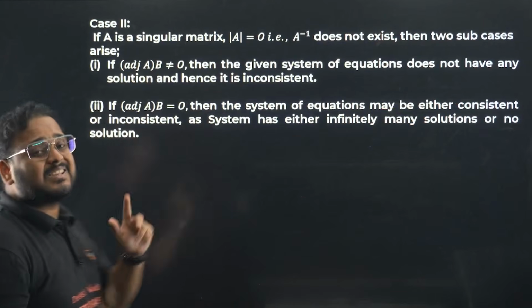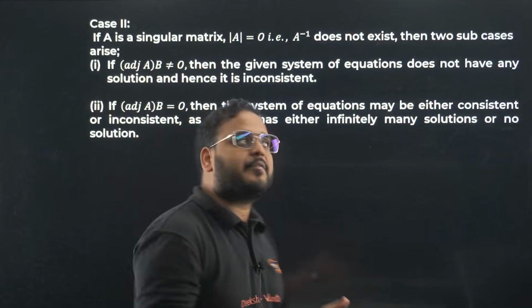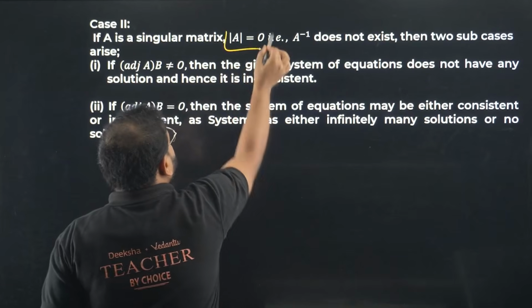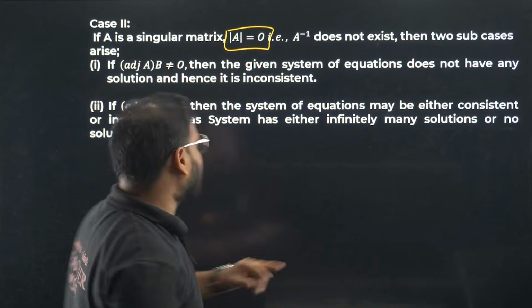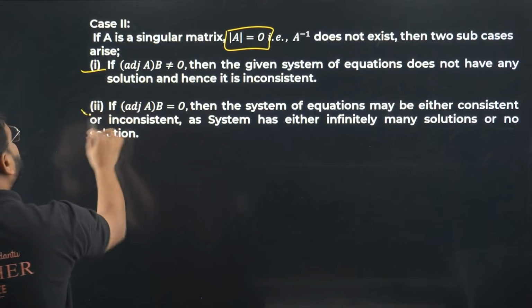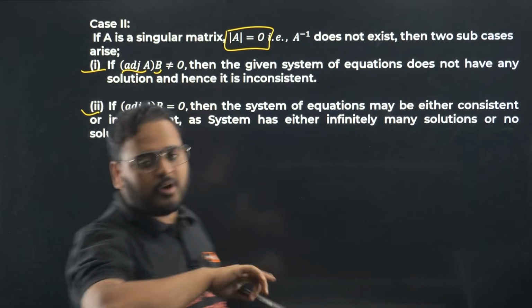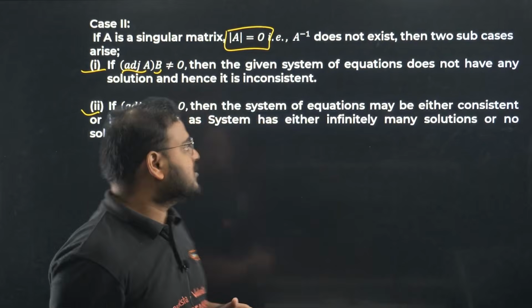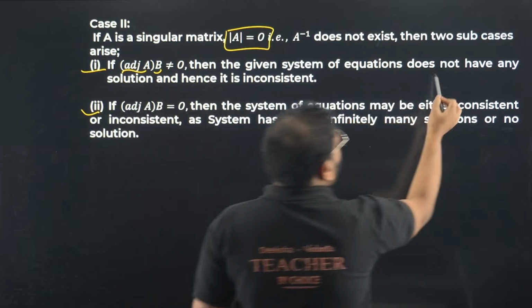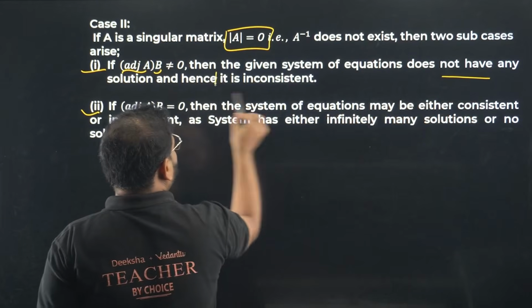Case 2, when the determinant is 0, it is a singular matrix. Then you'll have two subcases. Subcase 1: if the product of adjoint of A and B is non-zero, then we call the system inconsistent.